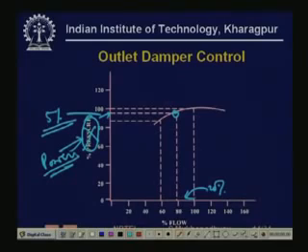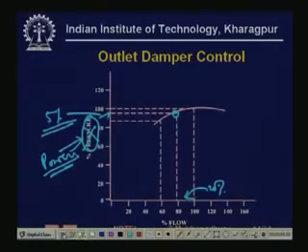That is why this method is not so energy efficient. Flow is reducing, but you are not saving energy. But it is a very simple method: you require either a valve or a damper, and you close and open it.